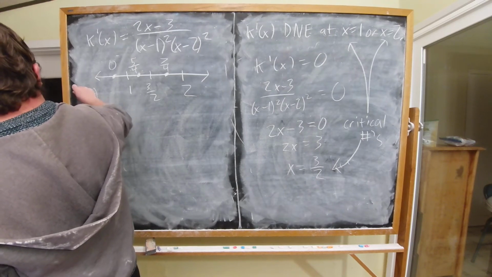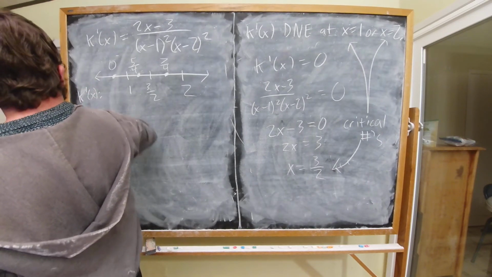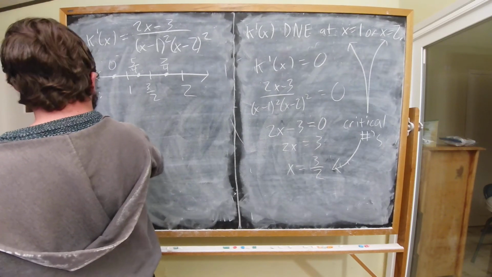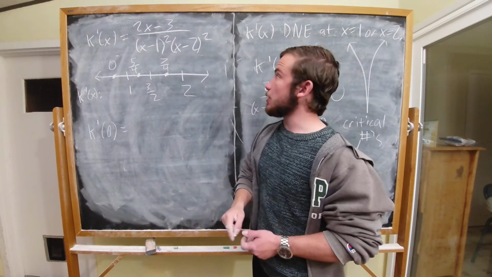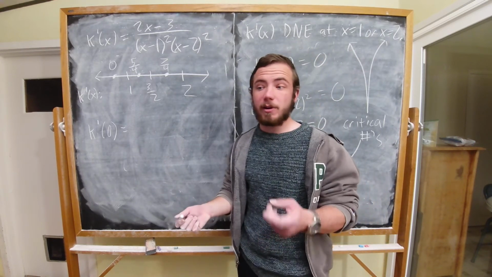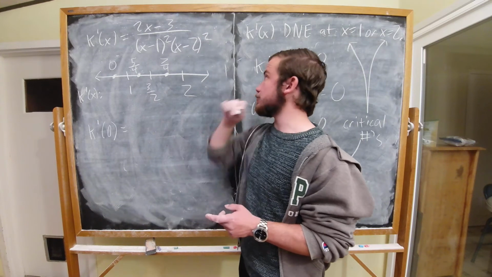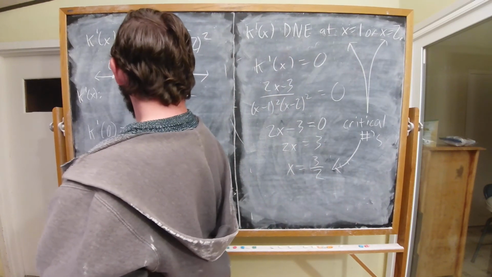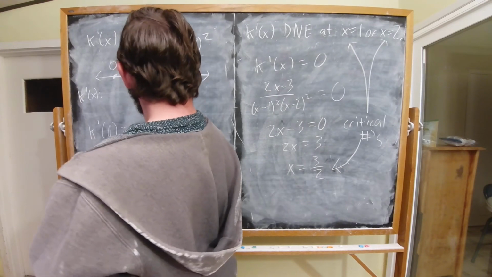Let's examine the sign of k prime of x. K prime of 0 is plugging 0 into here. You'd have negative 3 divided by negative 1 squared, which is 1, times negative 2 squared, which is 4. So you'd have negative 3 fourths, less than 0.